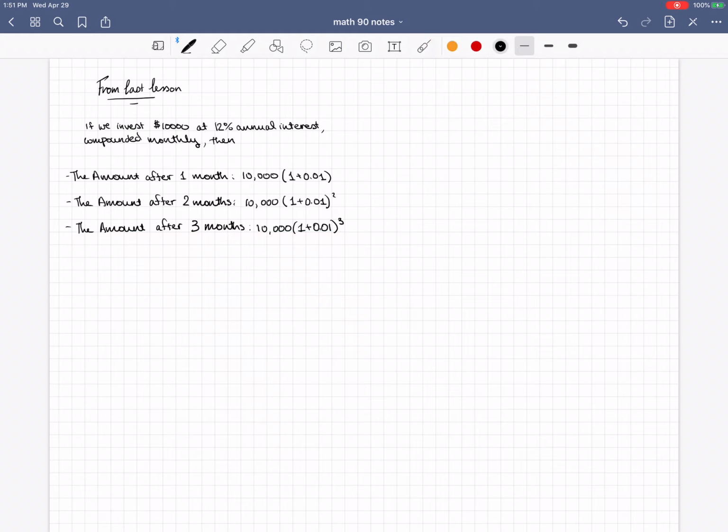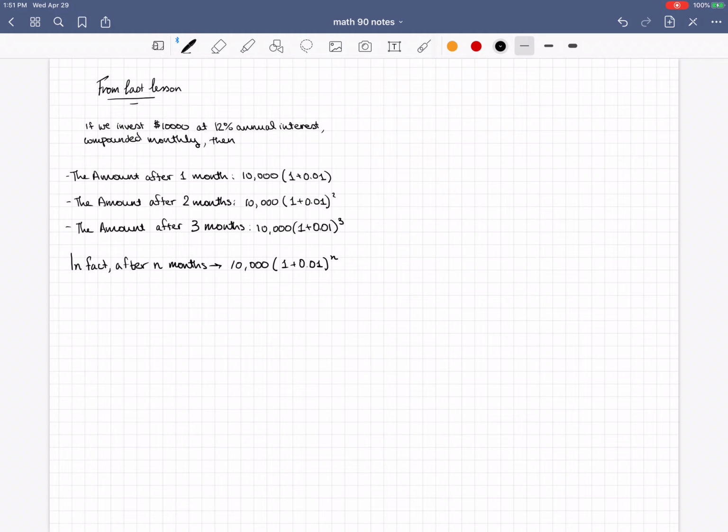So what I hope is that you maybe did 1 or 2 more months and you were able to see that after n months, no matter how many months had passed, the amount in the account would be 10,000 times 1 plus 0.01 to the power n.